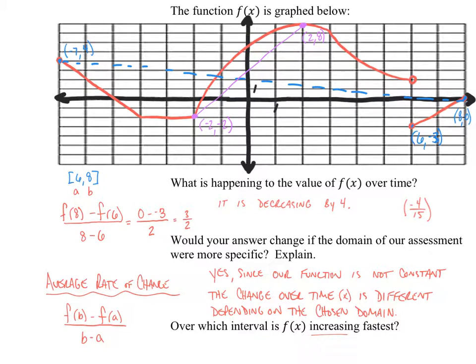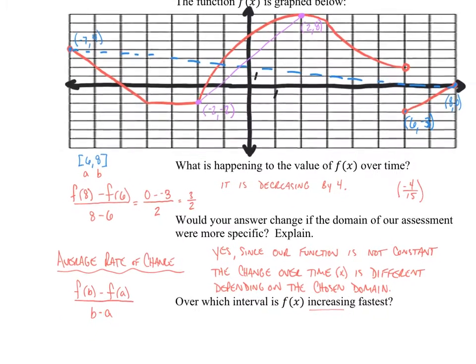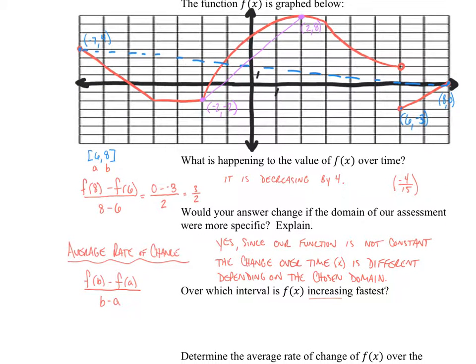Okay, so what we're testing here is the average rate of change of our function over the interval from -2 to 2, because those are the x values that we're going to test. So -2 is my a, 2 is my b, and I'm going to use my formula now: f of 2 minus f of negative 2 all over 2 minus negative 2.